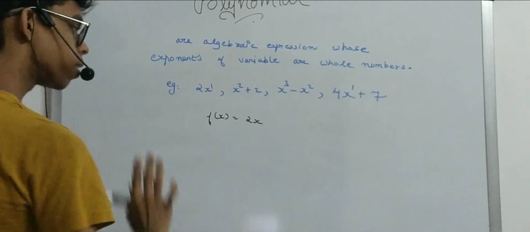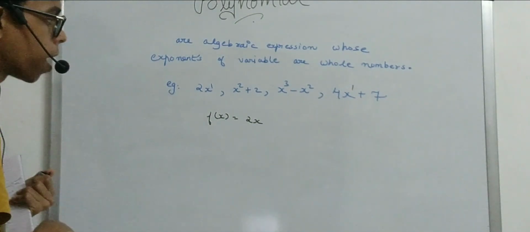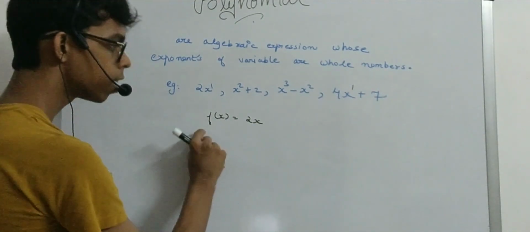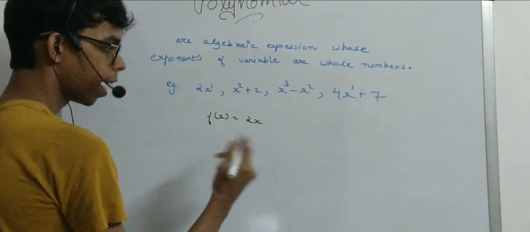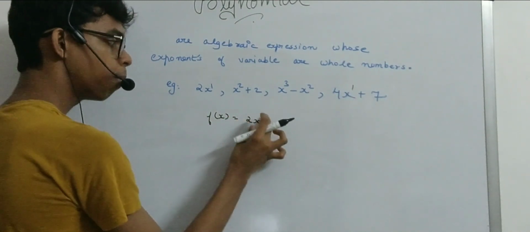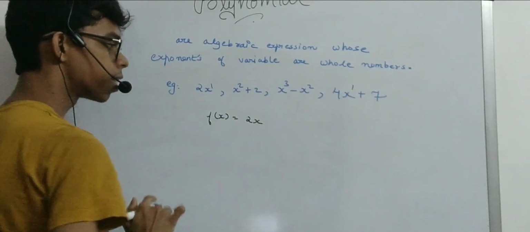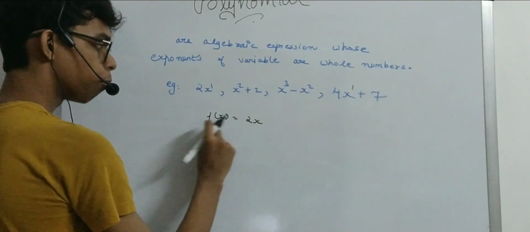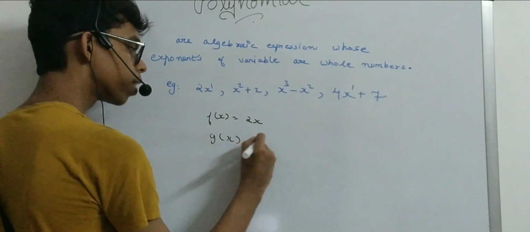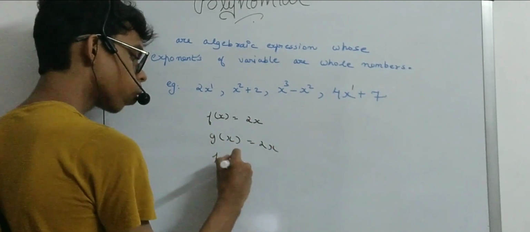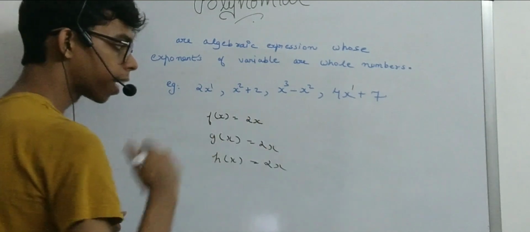Here f is something we call a function, which you will be learning in higher classes. We will usually put f or any other letter like g, and whatever variable we are using will come inside this bracket. So f of x is equal to 2x, or I can also write g of x is equal to 2x, h of x is equal to 2x, anything I can write.